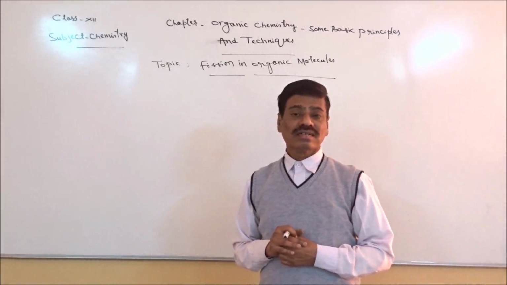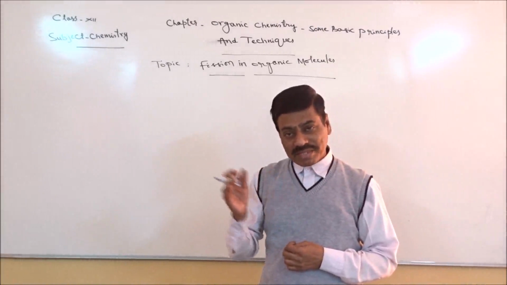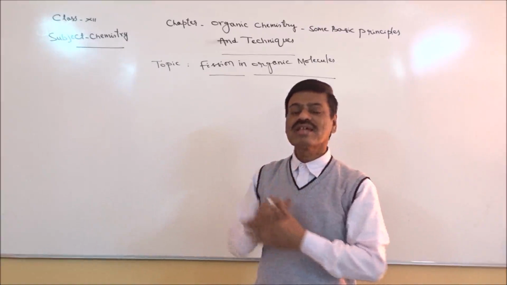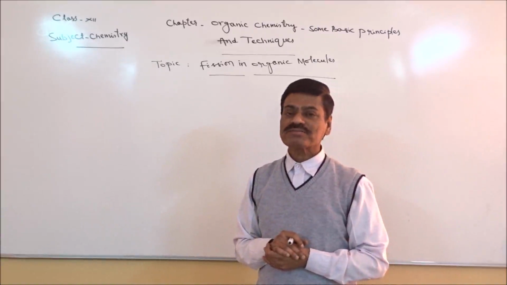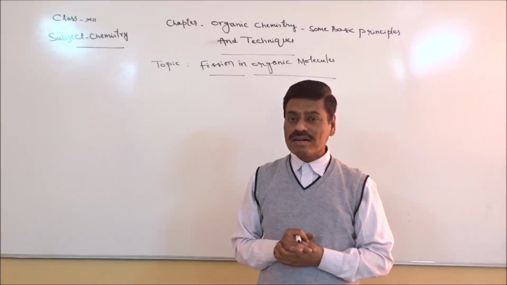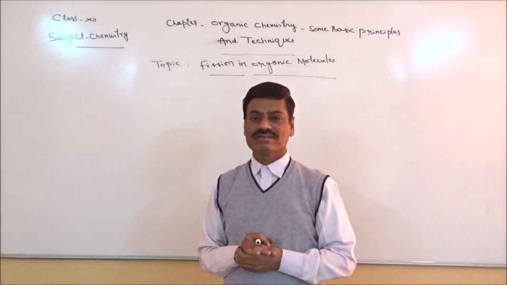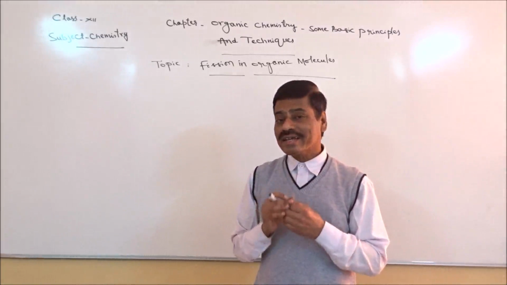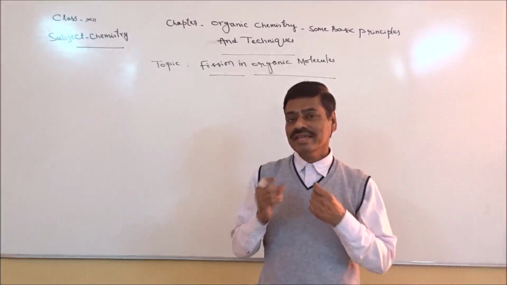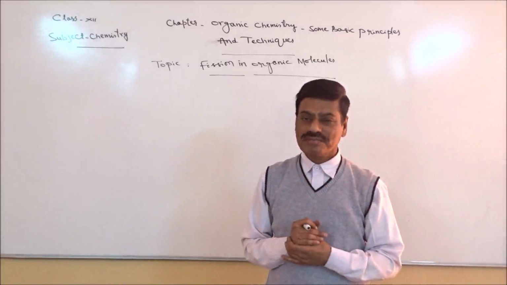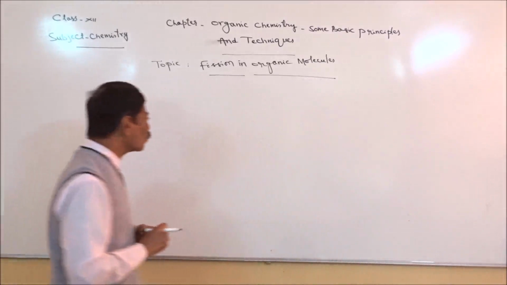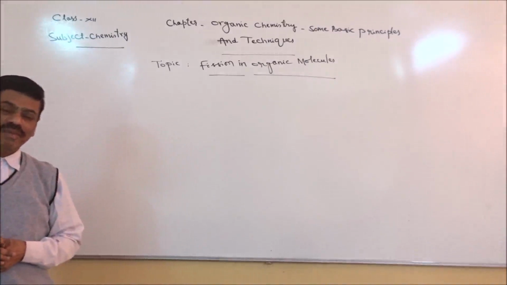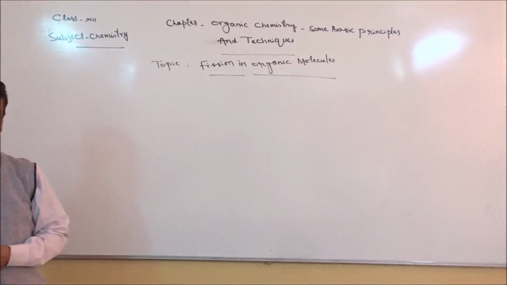This is the second type. In the earlier case, the bond is completely shifted towards one of the fragmented parts. In the second case, the pair of electrons will be divided equally and each fragmented part will retain one electron. That is the second type of fission. That means we are going to get new particles based on that type of fission.